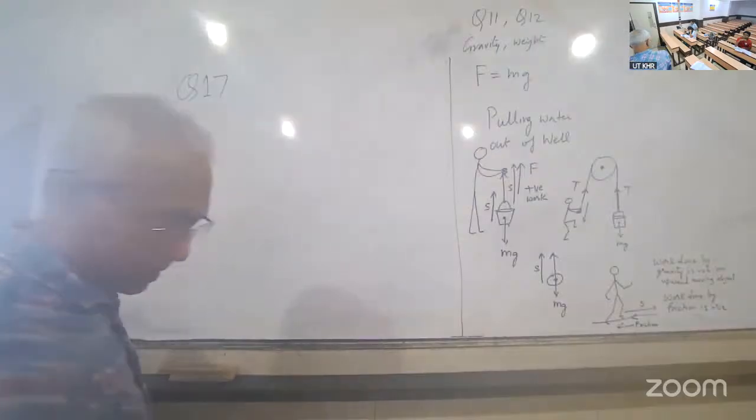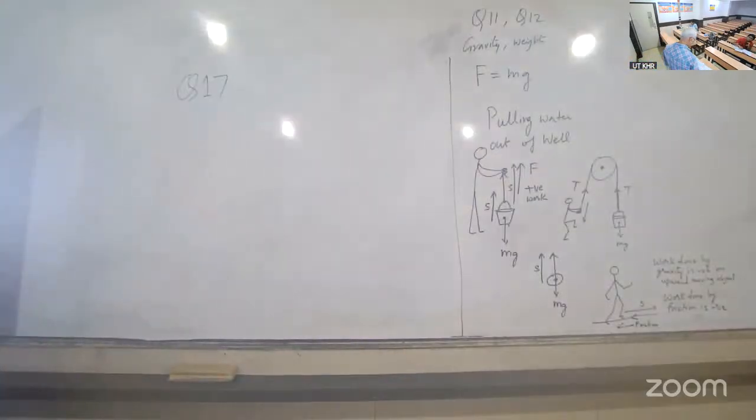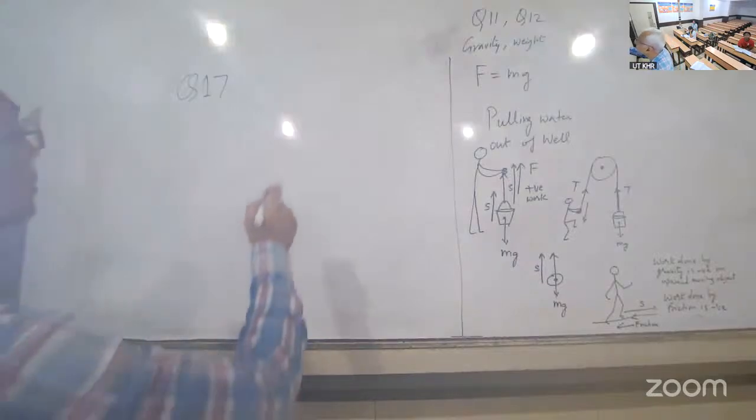Question number 17. What is the first? You have to identify what energy is converting when a battery is used to light an electric bulb.